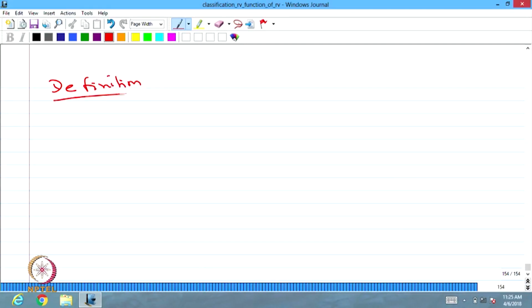before going to the Bayes theorem, that is called the total probability rule, or we can give it as a theorem also. So this is called the total probability rule.